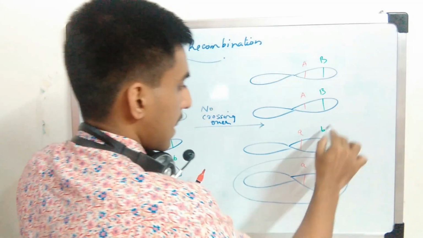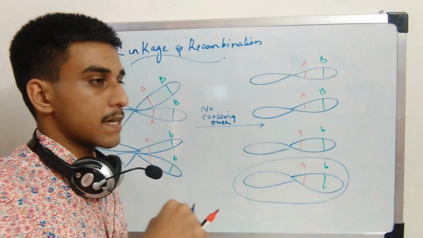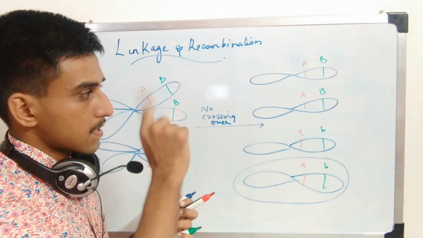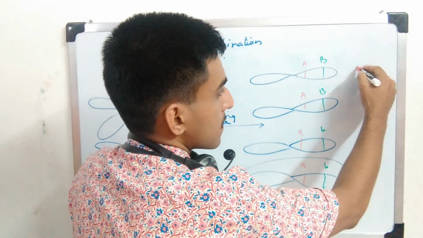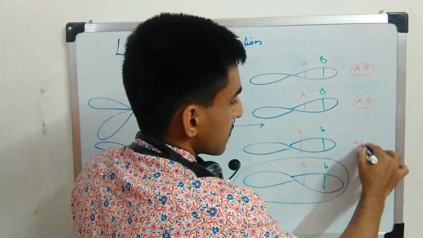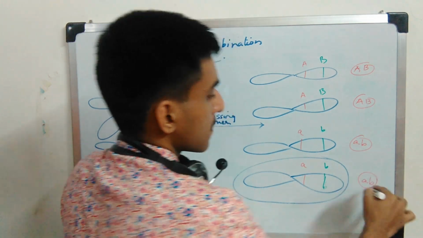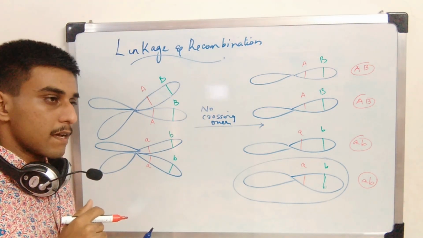Here the genotype is AB, here AB, here AB, here AB. Look, it is the same as the parental condition.